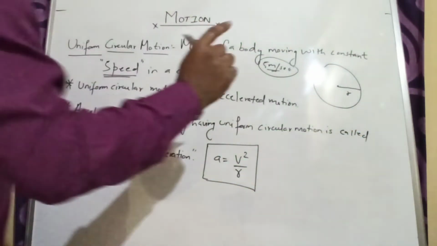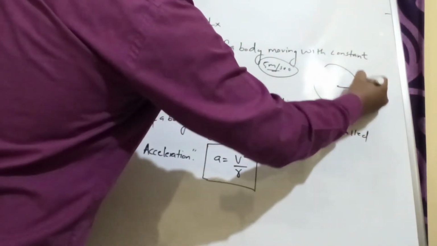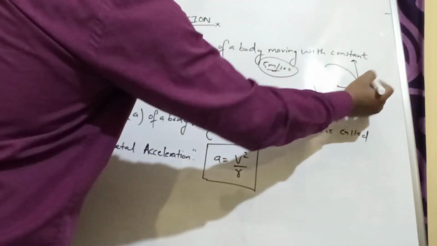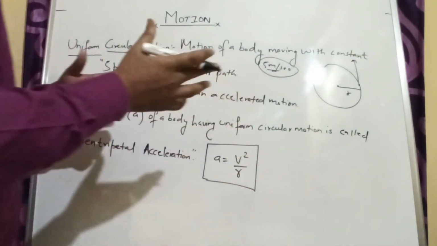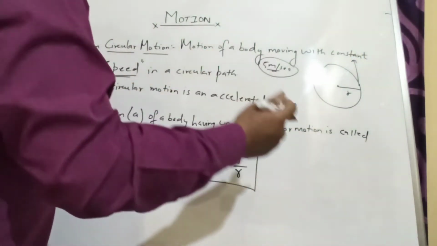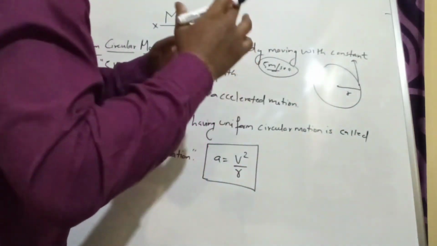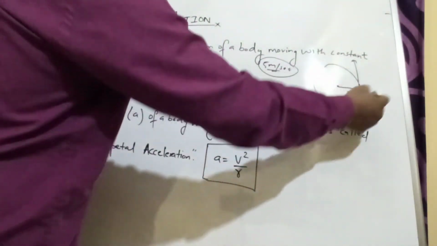If the direction will not change, then the object will move in this way. If at this point the direction is not changing, then the object will go straight, because it is the natural tendency of the object to move in a straight line, right? So whenever the direction will not change, the object will travel straight. It will not execute the circular motion.